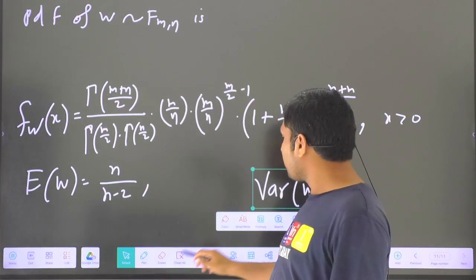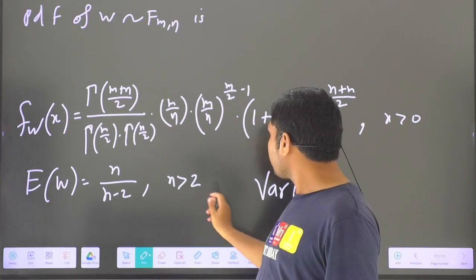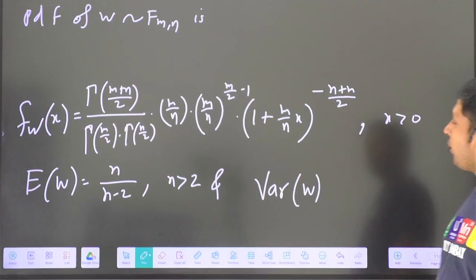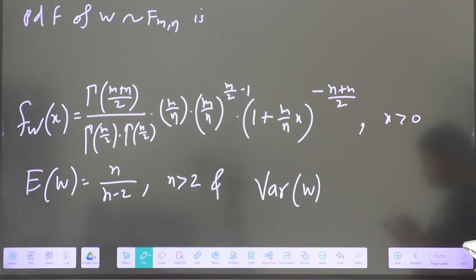So variance is a little complicated, no?